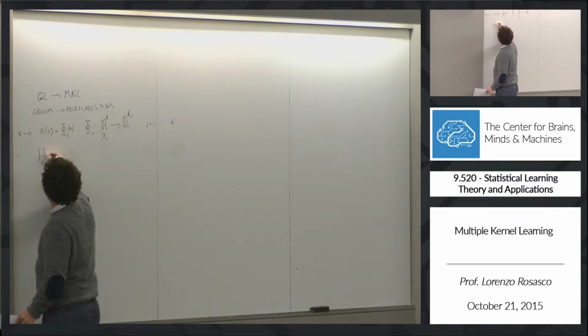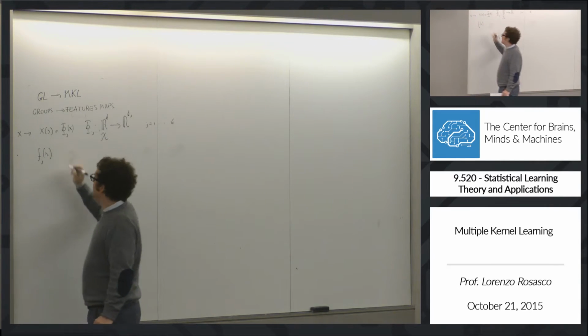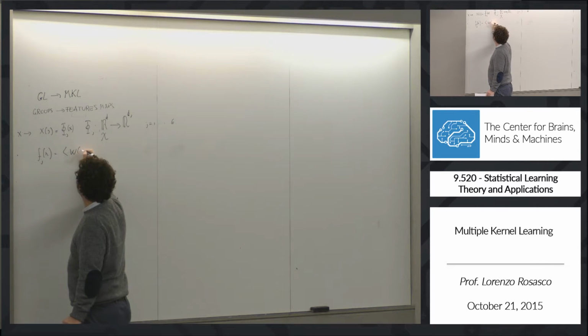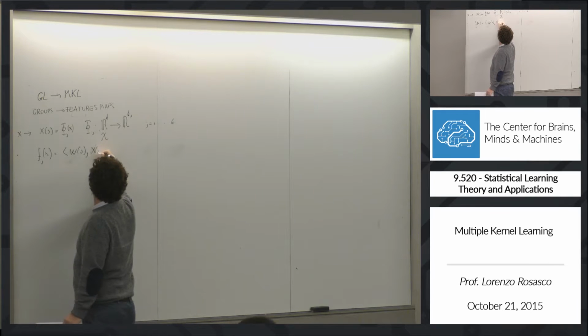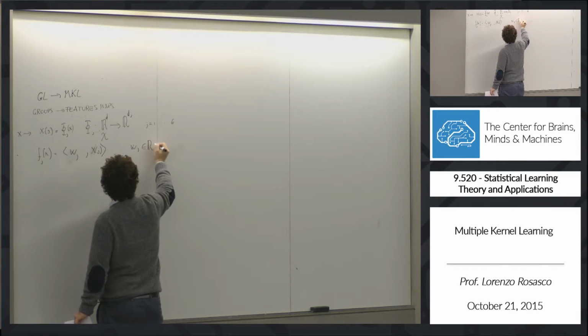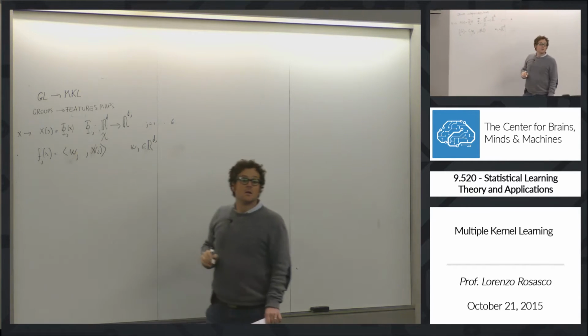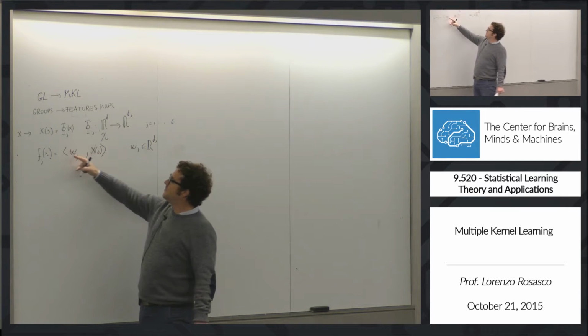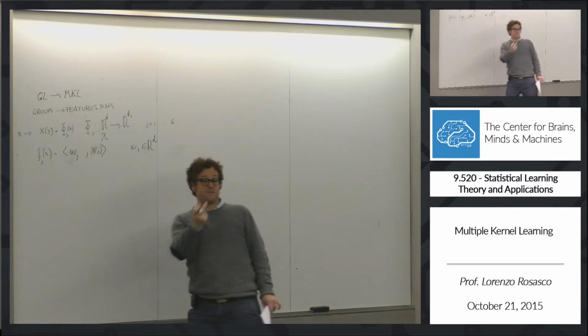Suppose that now you define the function f_j(x) to just be the function that, given a vector in R^{d_j} and given the piece, returns the linear function on that piece.